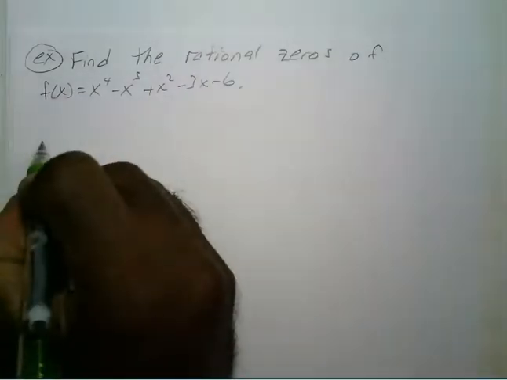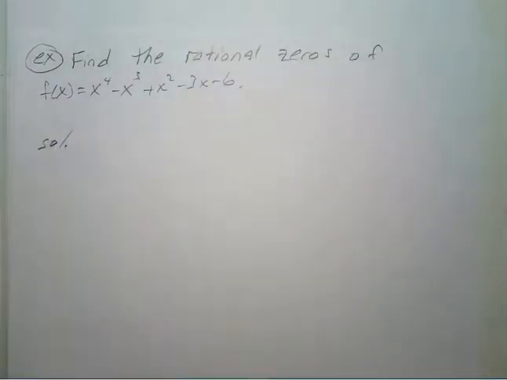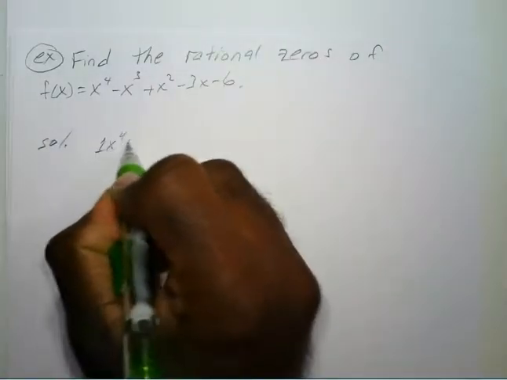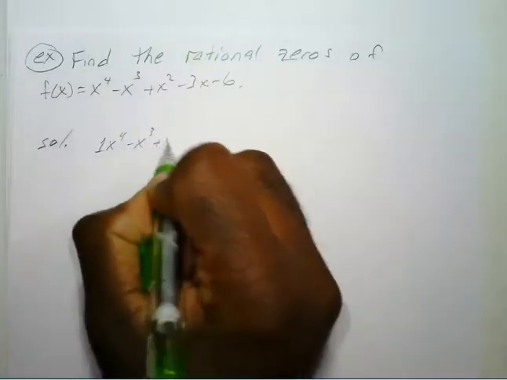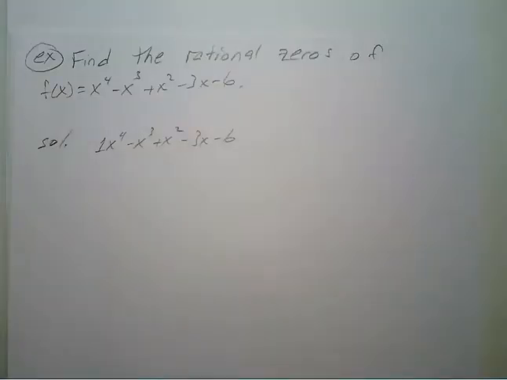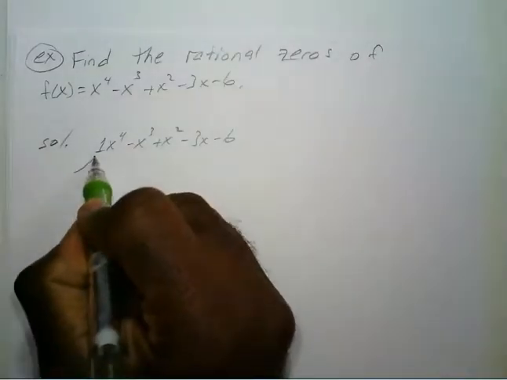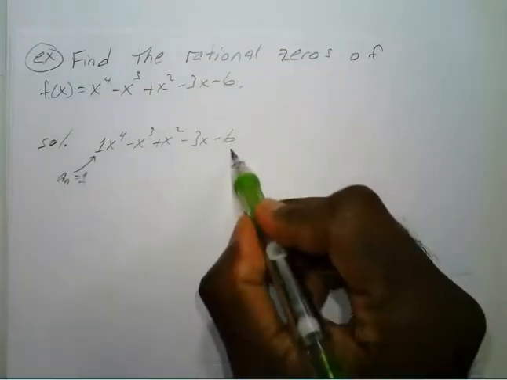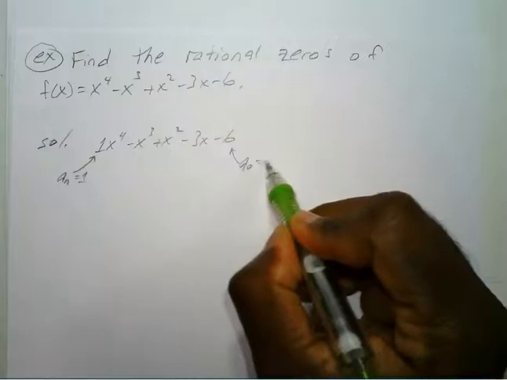First thing we're going to do is figure out our possible rational zeros. In this case, our a sub n is equal to 1, and our a sub 0 is equal to negative 6.